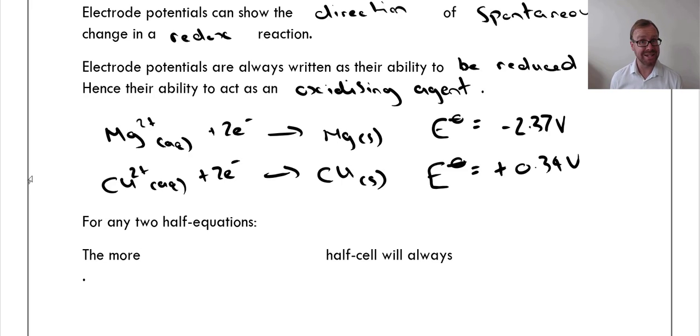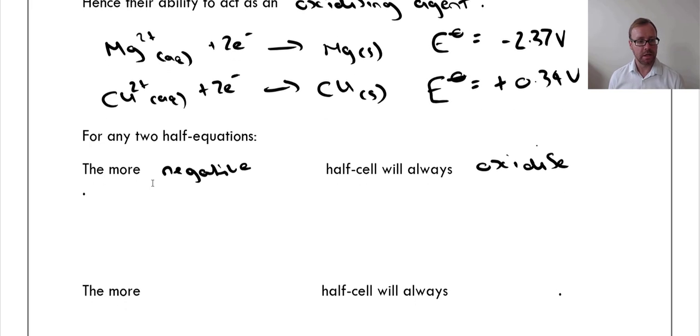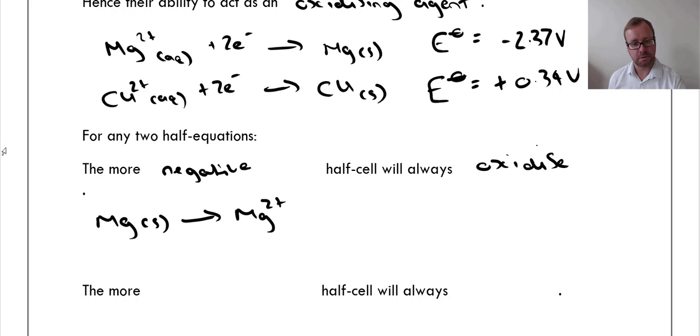Okay, so we're forming a redox equation, which you should be familiar with. For any 2 half equations, the more negative half cell will always oxidize. So in this example, it's my magnesium. So I can take my magnesium and change it to an oxidation reaction, so my solid magnesium will lose 2 electrons to produce Mg2+.